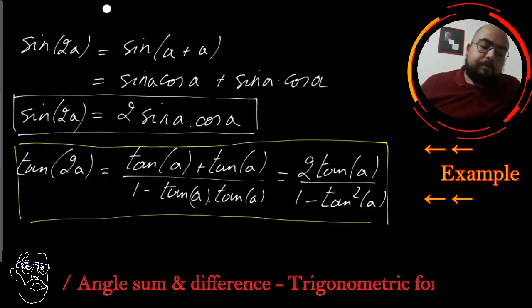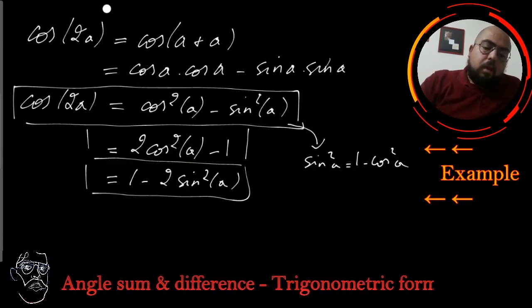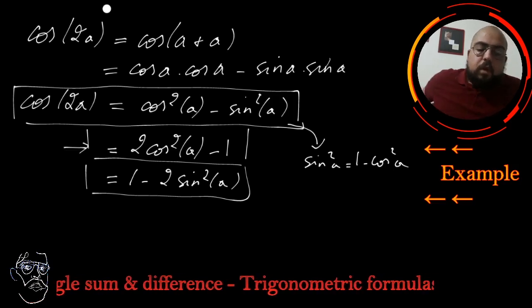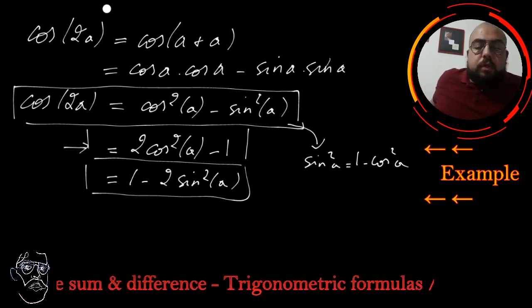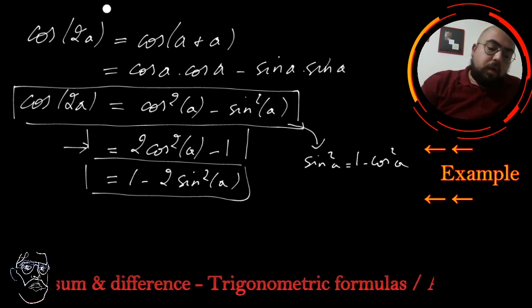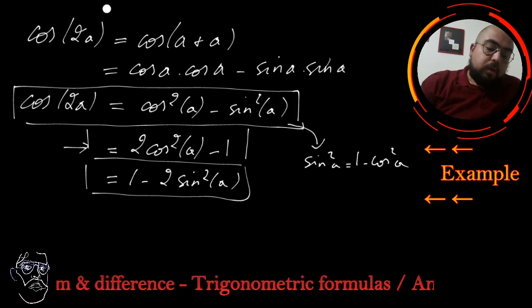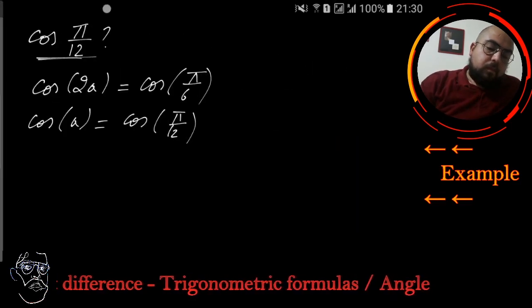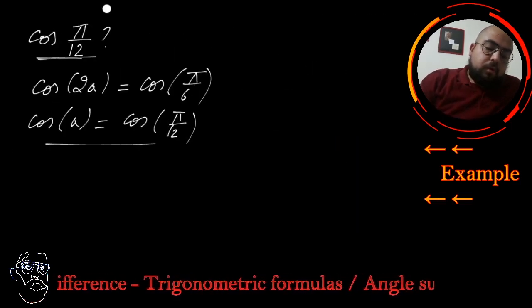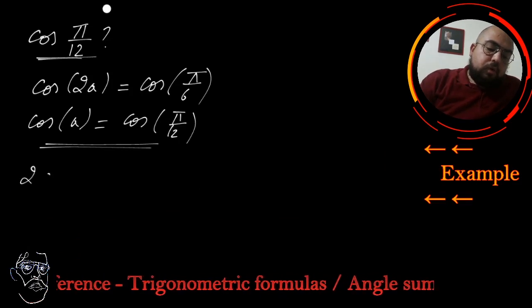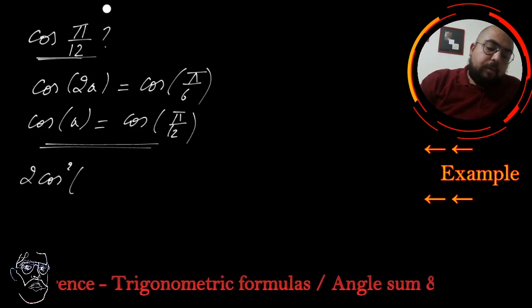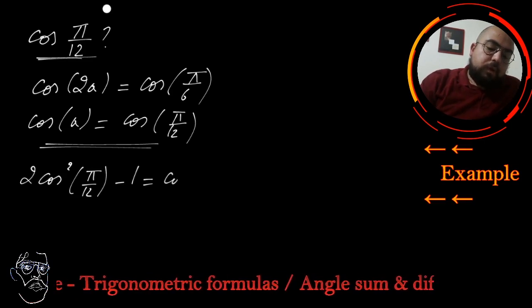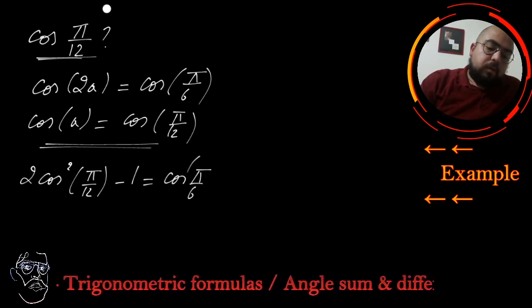I have this formula, 2 cosine squared A minus 1 is cosine of 2A. So I can use that formula directly. So two cosine squared of pi over 12 minus 1 is equal to cosine of pi over 6.